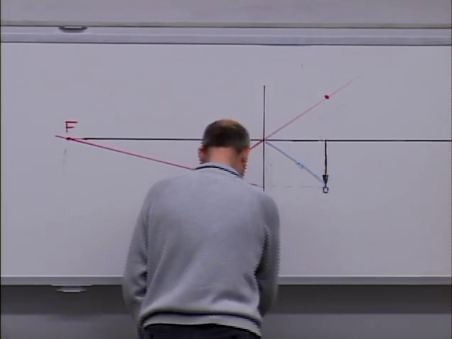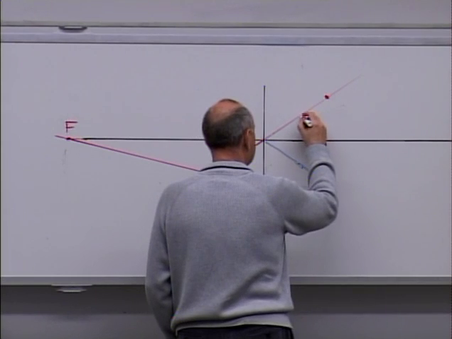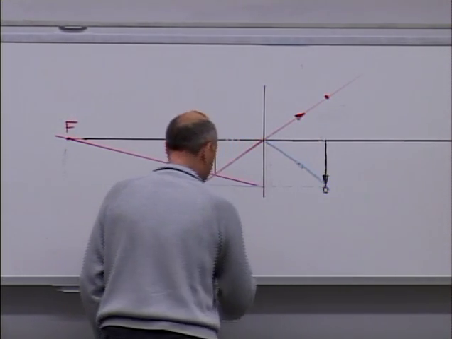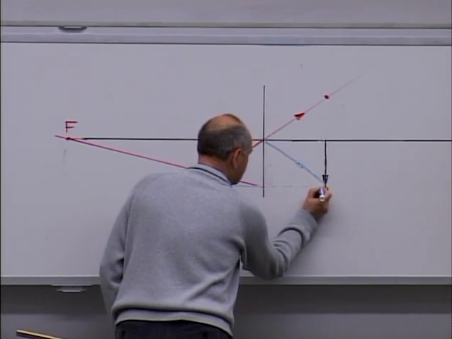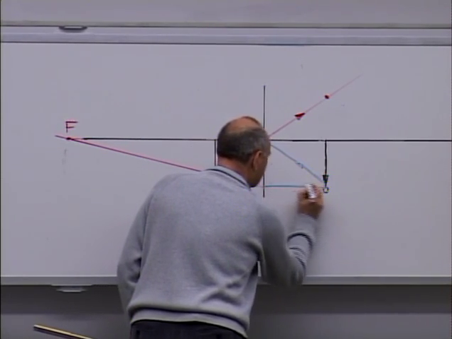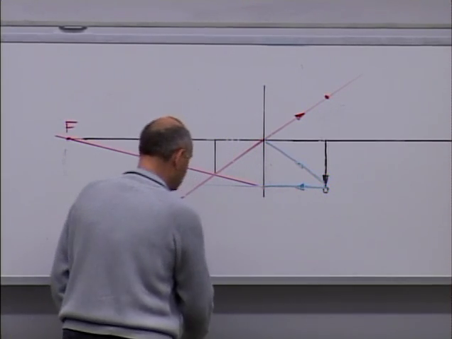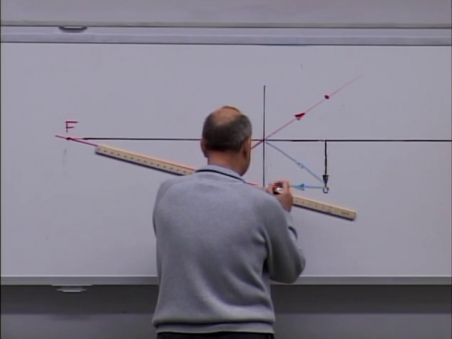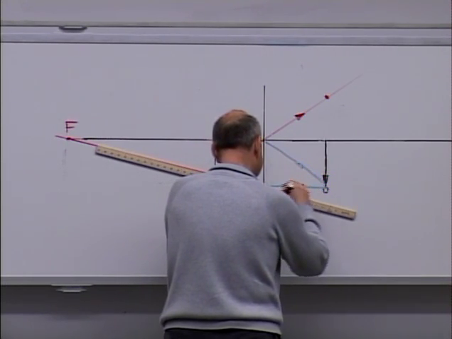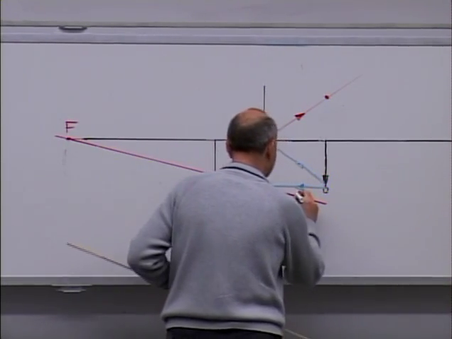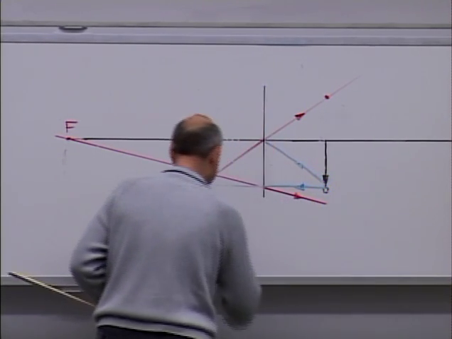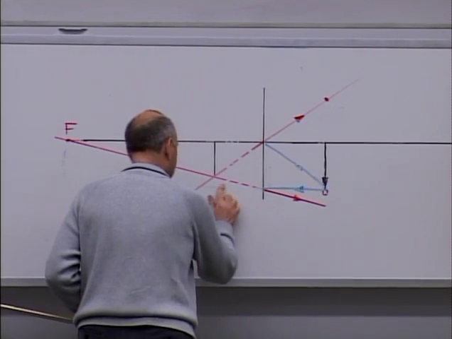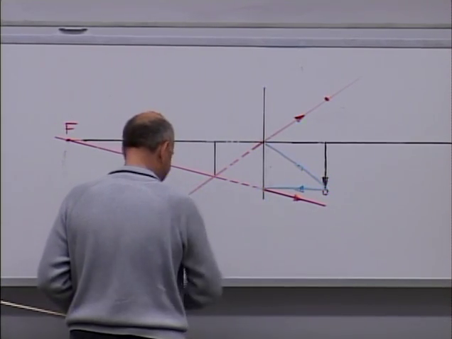Light will travel this way, will be reflected that way, and a parallel ray would travel this way and will be reflected that way. So these lines would be broken. I don't even need this one.